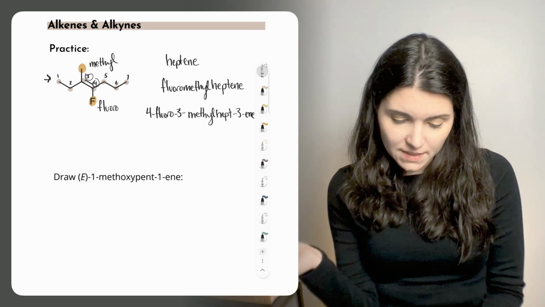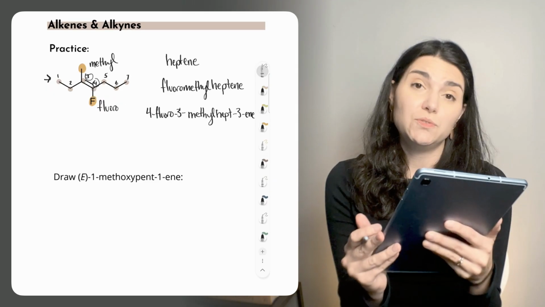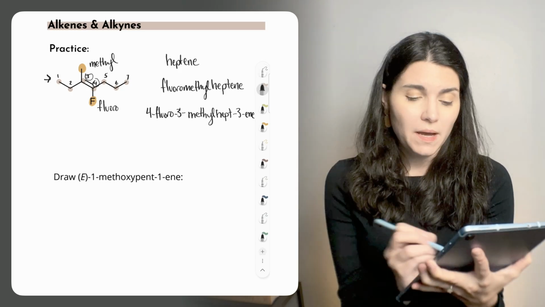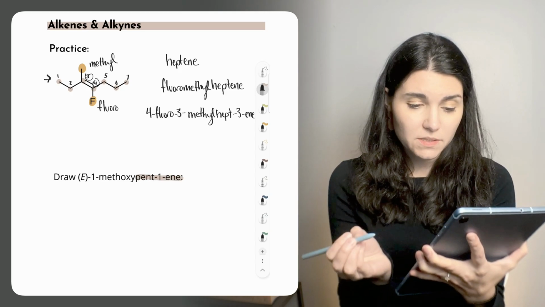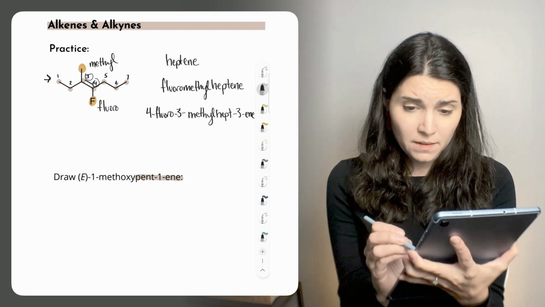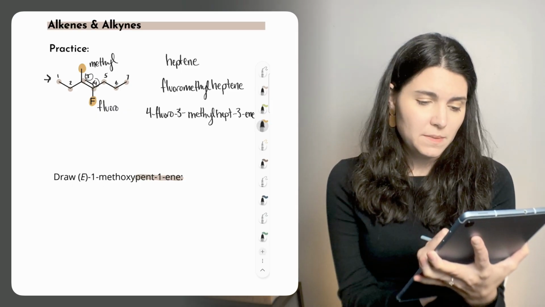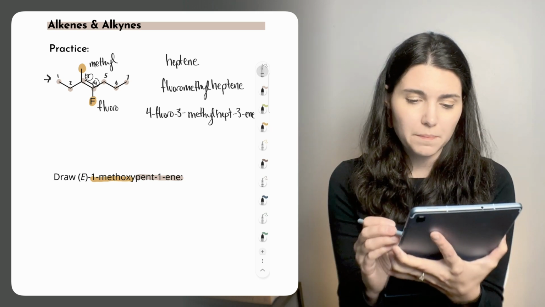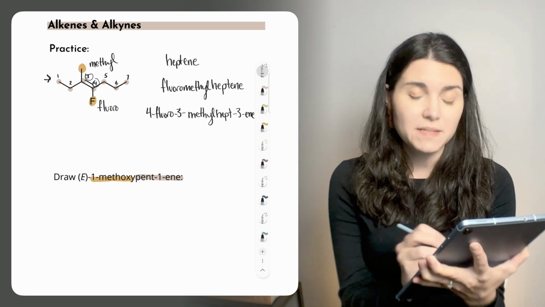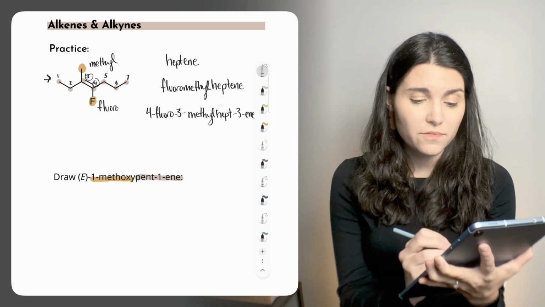The next example is asking us again to draw. We'll start with the parent. Let's highlight that in pink because we always have our parent in pink so far in this course. And then our substituent is going to be a 1-methoxy. Let's look at the pent-1-ene part. So pent means 5, so we know we're going to have a 5-carbon chain.